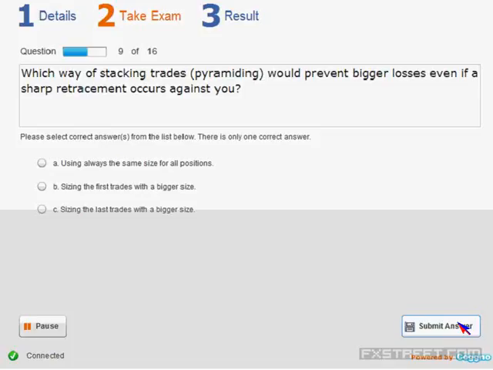Which way of stacking trades, also called pyramiding, would prevent bigger losses if a sharp retracement occurs against you? Okay. Answer A says, using always the same size for all positions, B, sizing the first trades with a bigger size, or C, sizing the last trades with a bigger size.